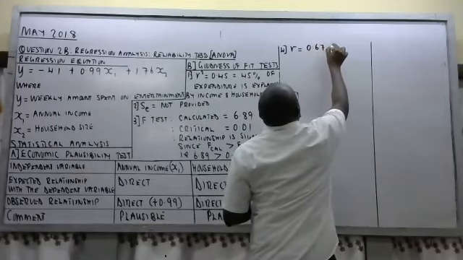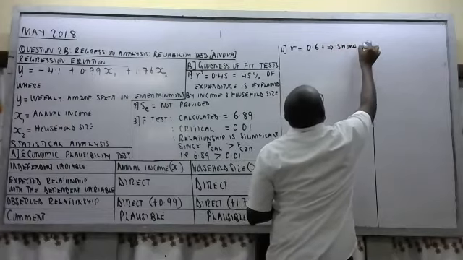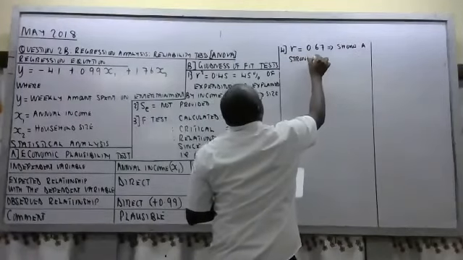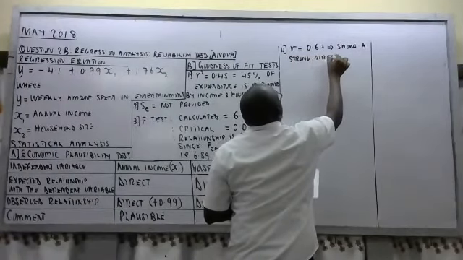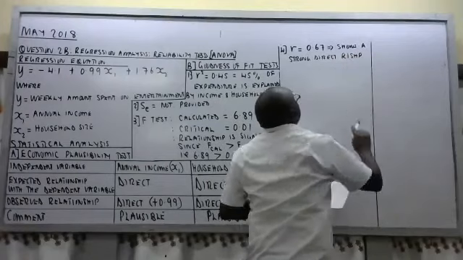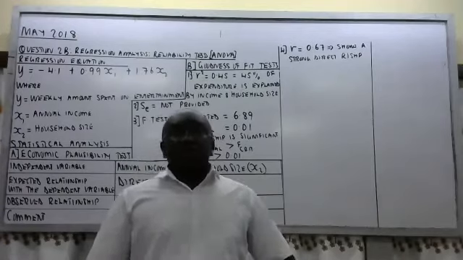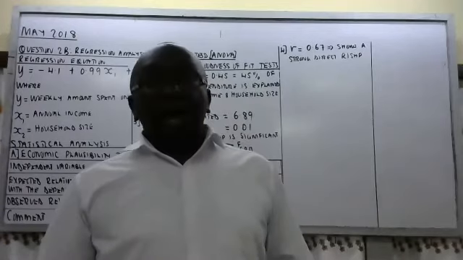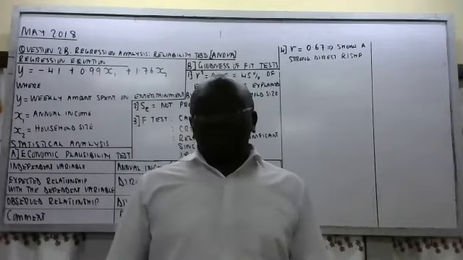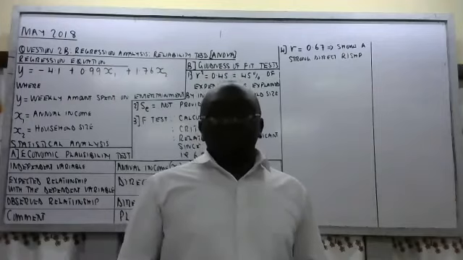So this shows a strong, direct relationship. It's not very strong because it's not very close to 1, but 0.67 is not weak. It's a strong relationship.